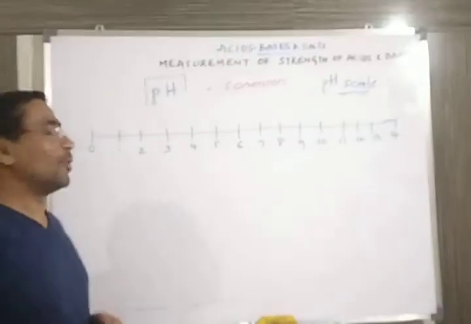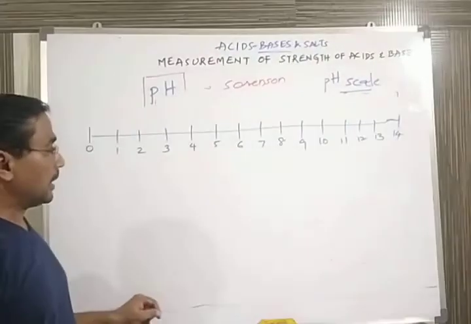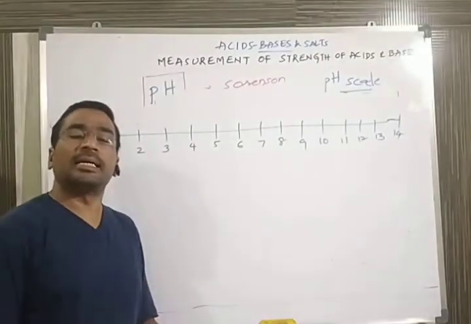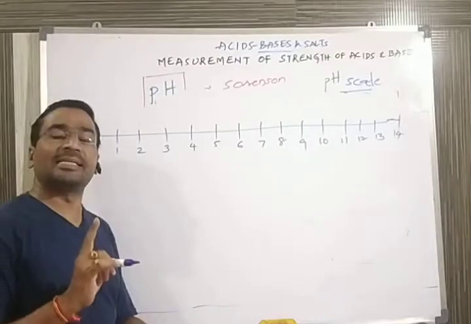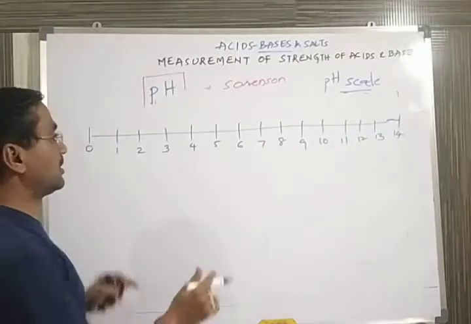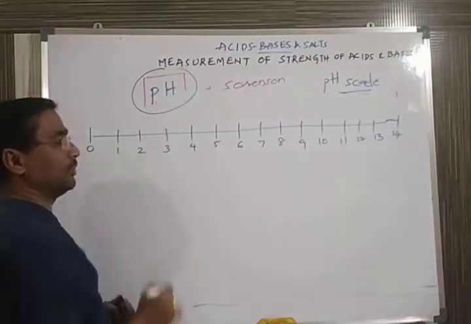This is not like learning new numbers. The substances are divided into three types: acids, bases, and neutral, and the strength is given based on the pH values.